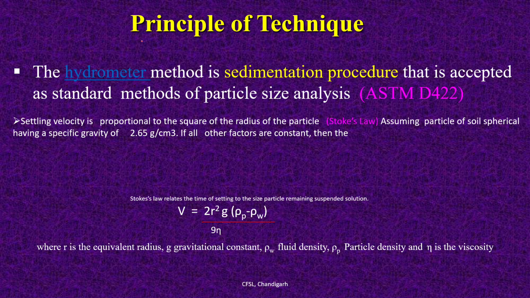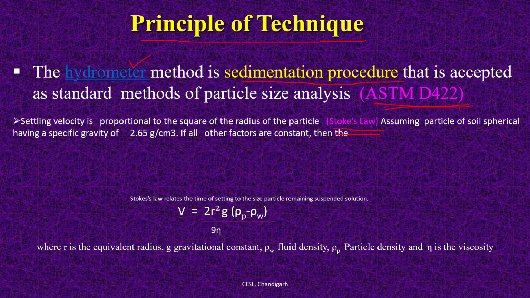So what is the principle of this technique? The hydrometer method is a method of sedimentation, described in ASTM D422, and it is based on Stokes law.